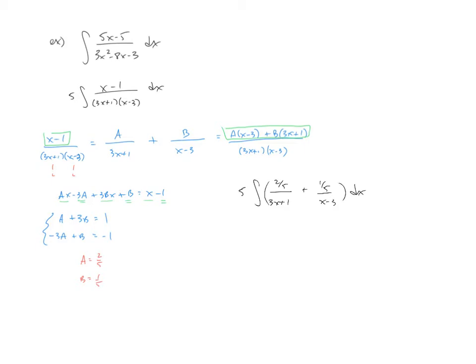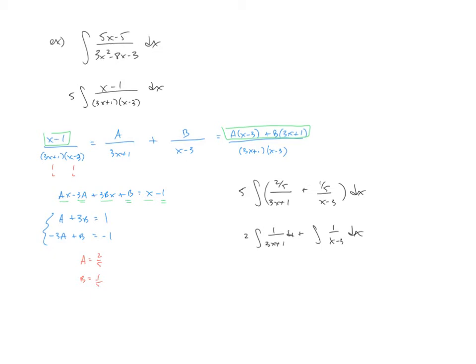Now, if I clean this up just a little bit into two separate integrals, I would have 2 with the integral of 1 over 3x plus 1, then plus the integral of 1 over x minus 3 dx.